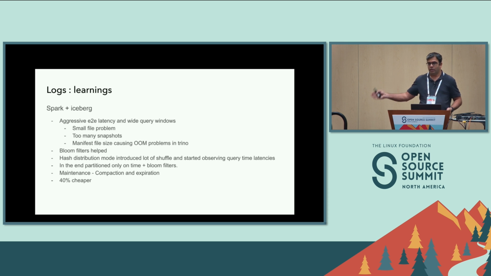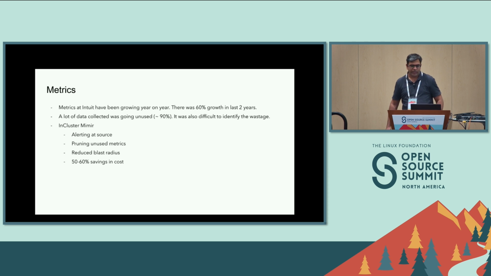And we put in place compaction and expiration of snapshots to keep things under control, which means manifest files become manageable by Trino. And this solution, and I'm talking about unit cost, worked out to be 40% cheaper than what we are paying already.